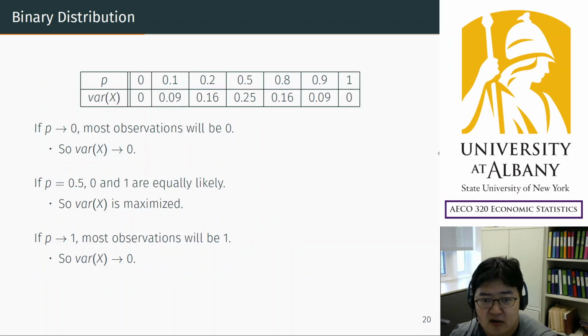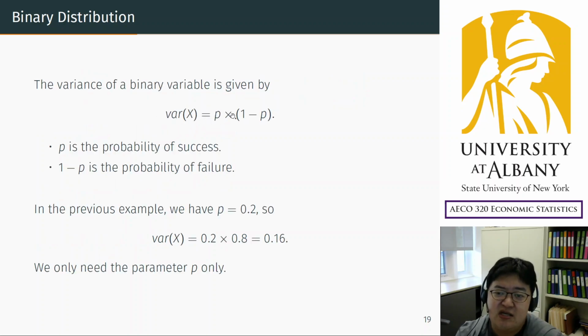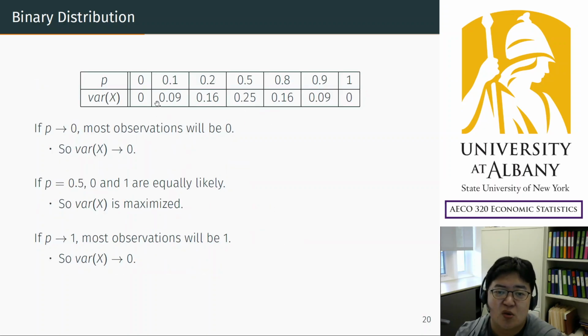By the way, about the intuition behind the relationship between the parameter P and the variance: what's interesting here is that it's P times 1 minus P. If the probability of success is 0, then the variance is 0.